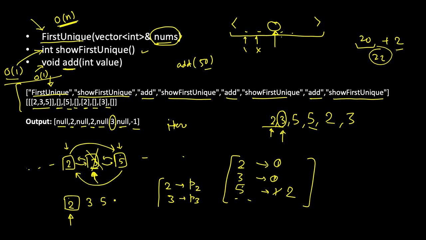And whenever any duplicate comes, till here it's fine. Now I see that 5 has already occurred, and I want to insert 5. So what we will do, we will check if 5 exists in the map or not in constant time. I will see that yes, there is a pointer here, a valid pointer.